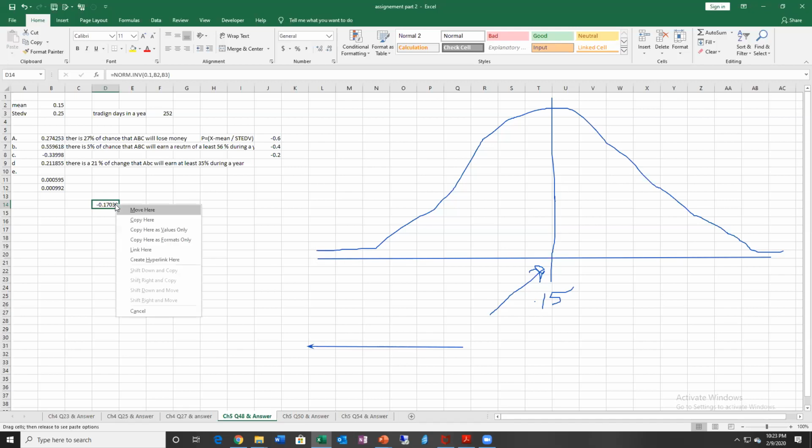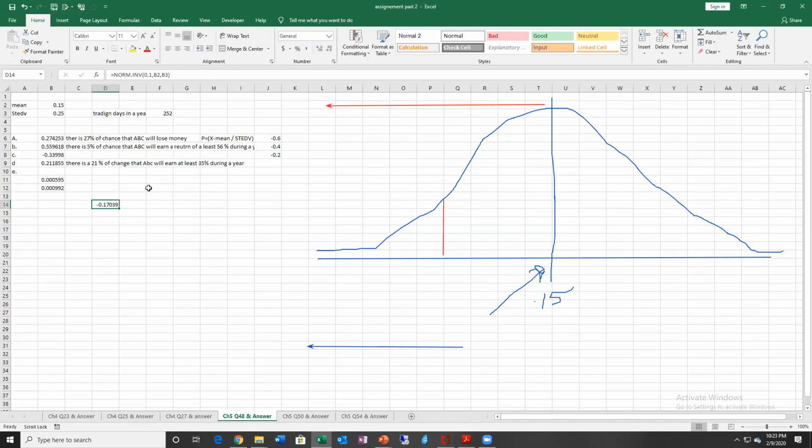If I were to do this, let me change the color. In this case here, there is a 50% chance that it will earn this amount or less, right? Correct. Now, if I were to take a line, let's say here, because I want to make sure we do the interpretation properly, I'm going to make this 0.25.